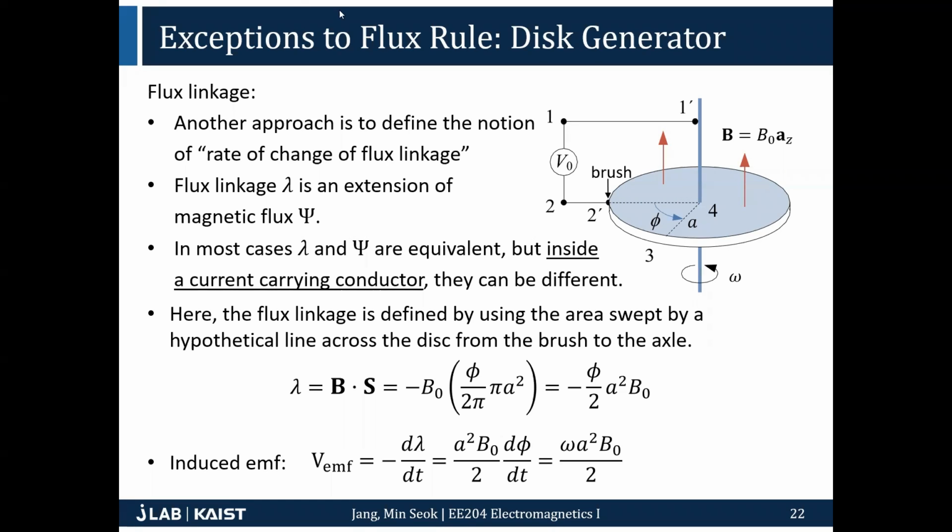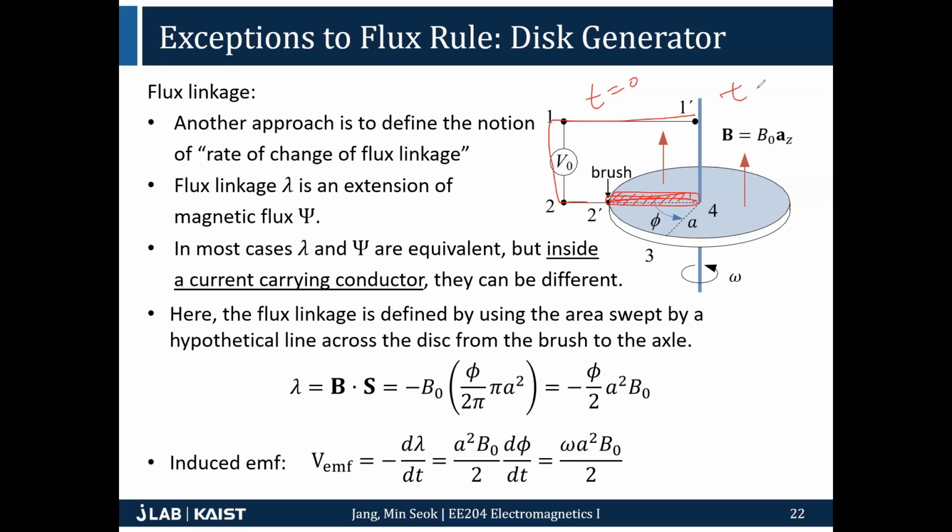If you think about this system, let's say at time t equals 0, your circuit was like this. I'm just making an imaginary line here. Although the current is not flowing along this line, we can just think about an imaginary line here.